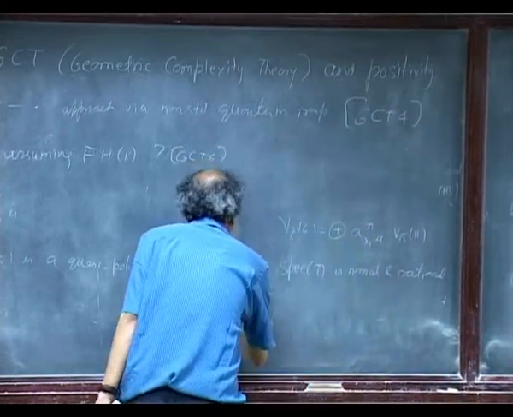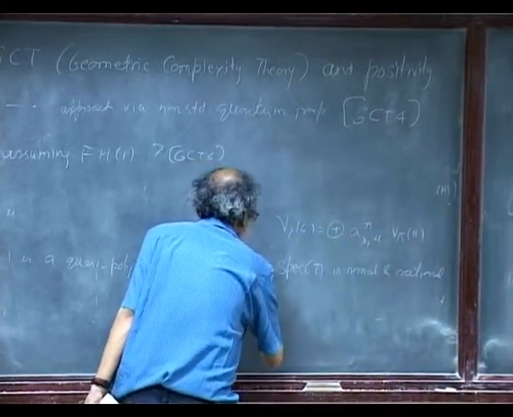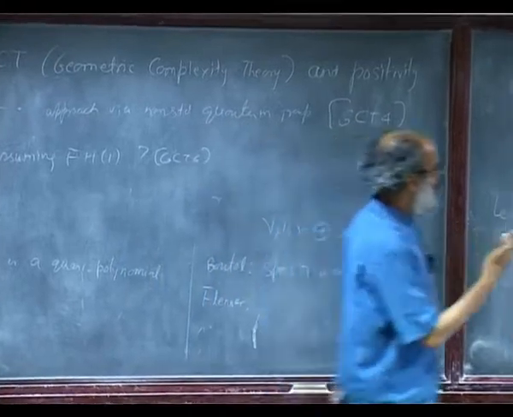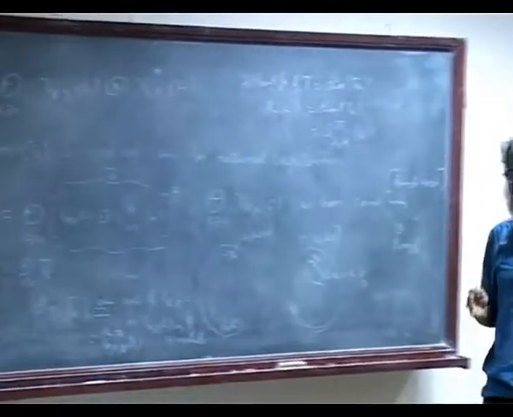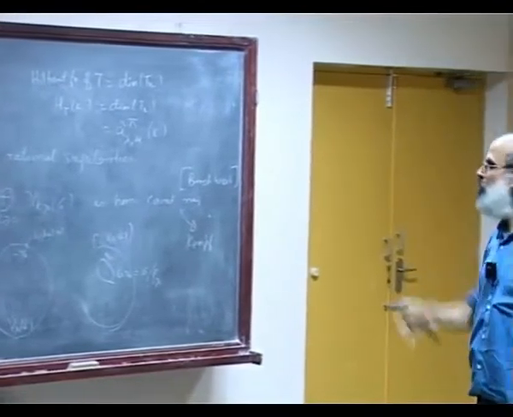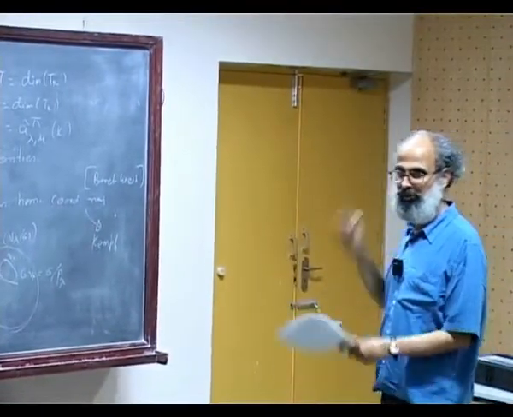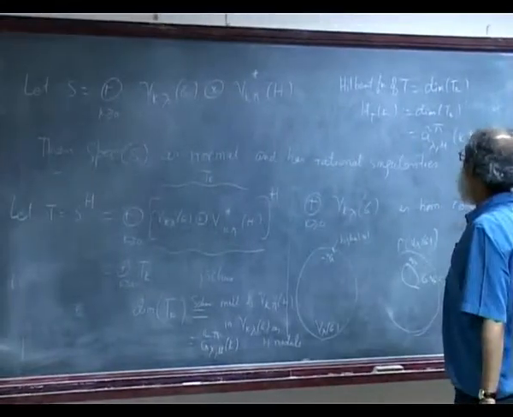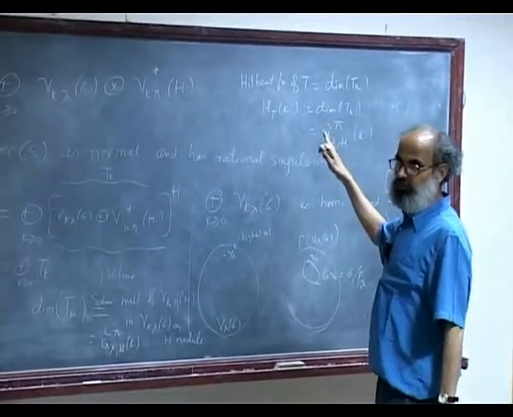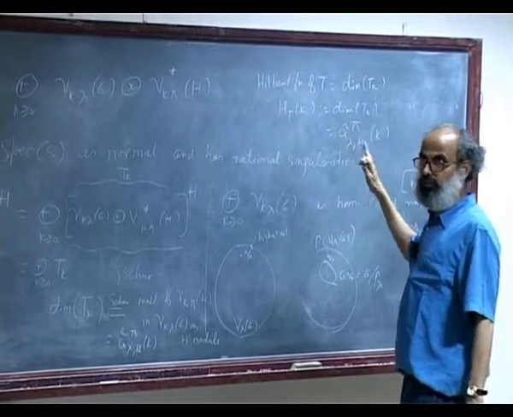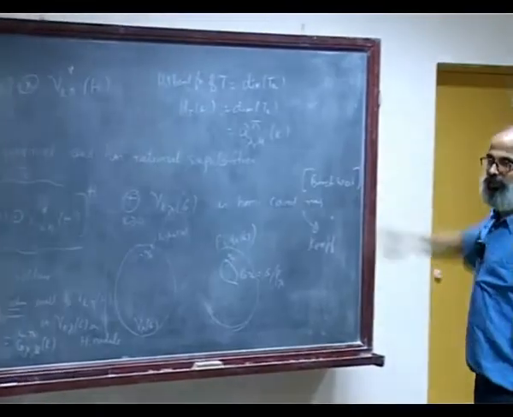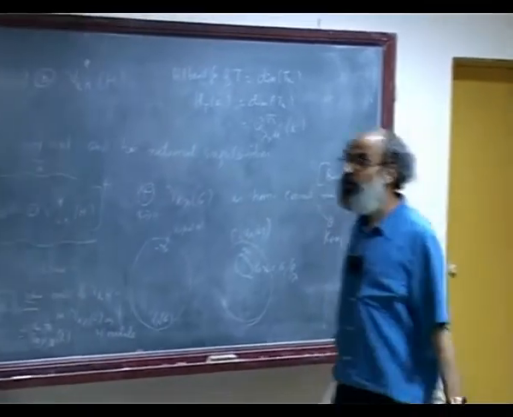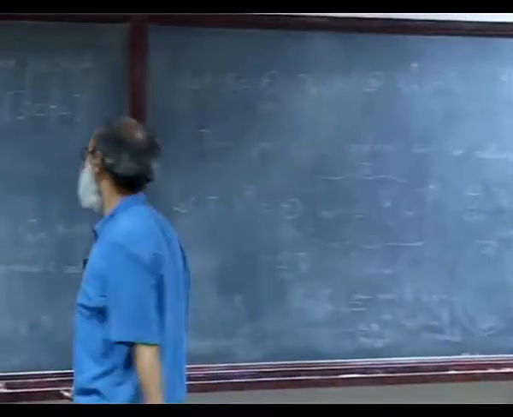Then there is a general result of Flenner. So, the Hilbert function of any variety in general is asymptotically a quasi polynomial. Okay. That is the classical result of Hilbert. But what Flenner shows is that if that variety is normal and singularities are rational, then the Hilbert function is not just asymptotically a quasi polynomial, but in fact a quasi polynomial right from the beginning. Okay.